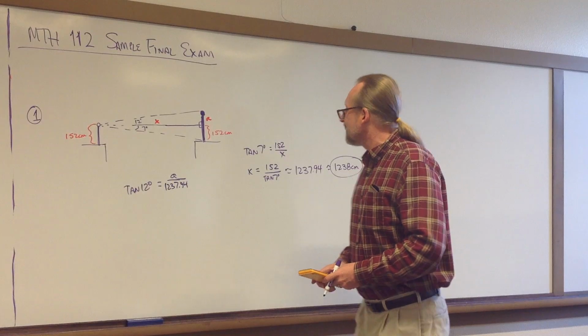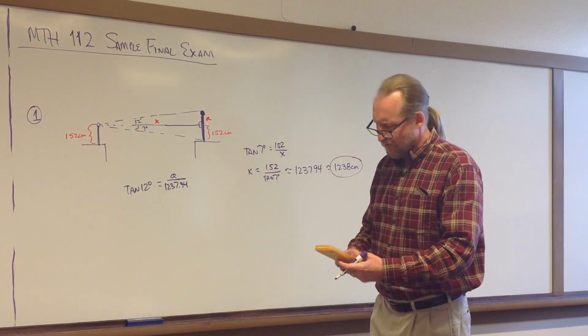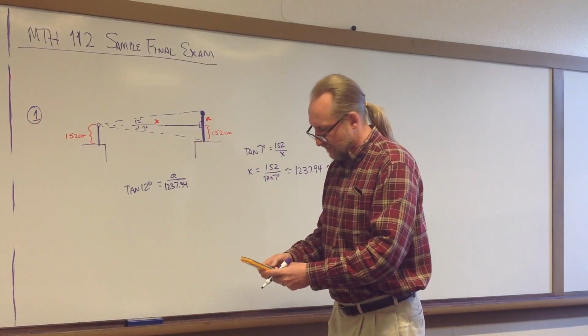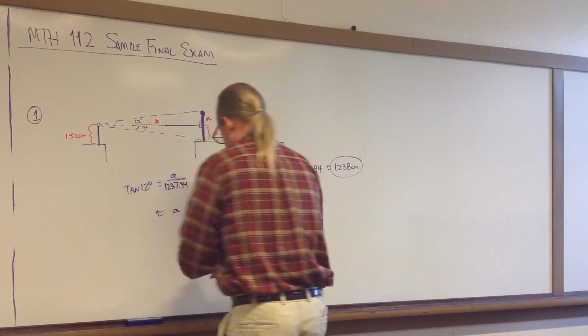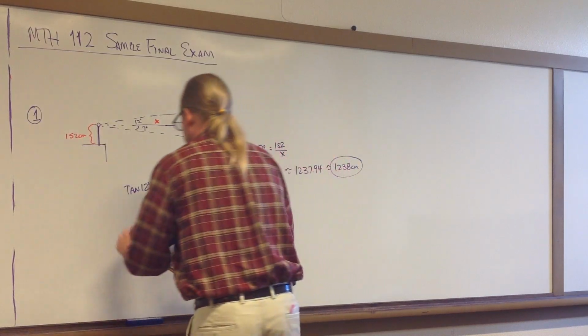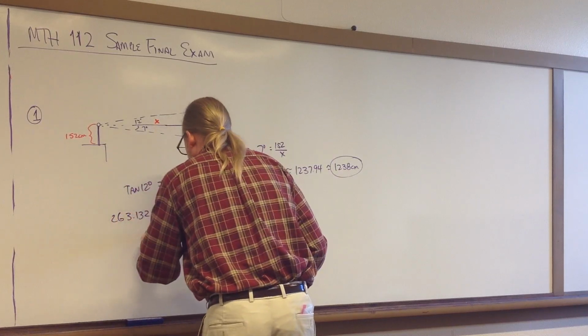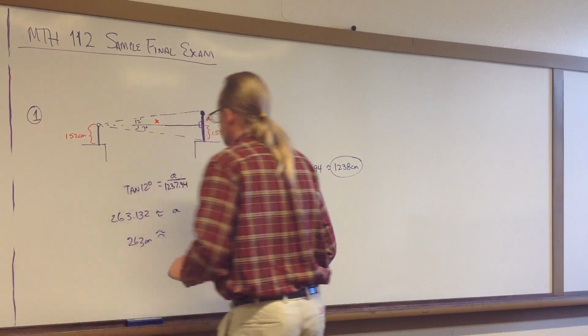In any event, you can use 1238, you can use 1237.94, or I've got the whole thing sitting right here. So I'm just going to hit times tangent of 12, and that'll give me an approximate value for A of 263.132. So to the nearest centimeter, A is 263.